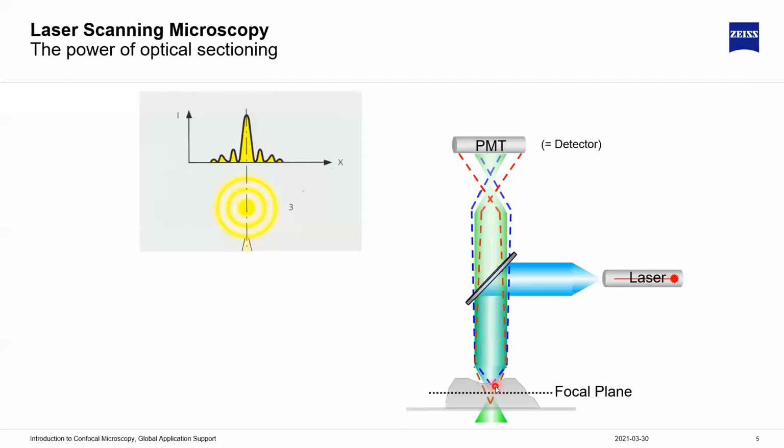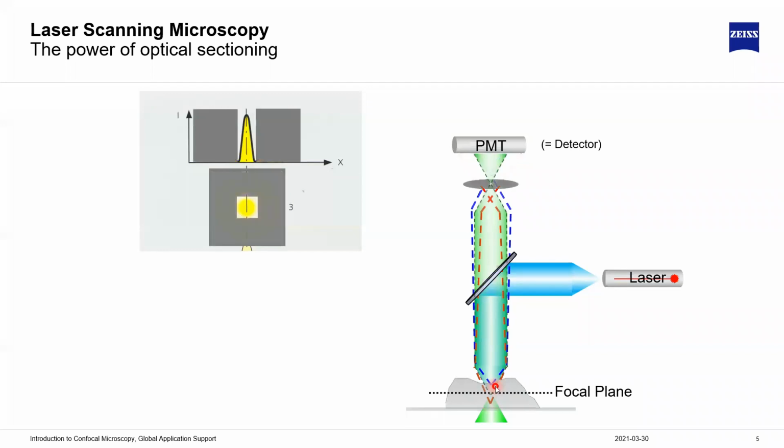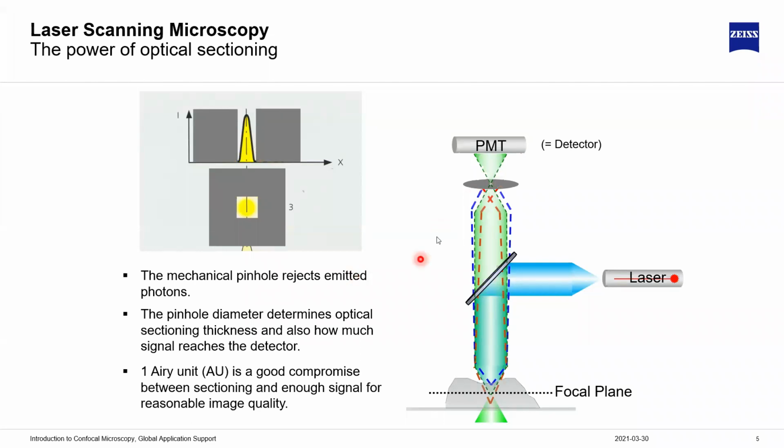In the confocal microscope, what we do is basically utilize a piece of hardware which is called a pinhole, and this pinhole is a mechanical part of your microscope, and it is actually rejecting everything that is coming from below or above your focal plane.